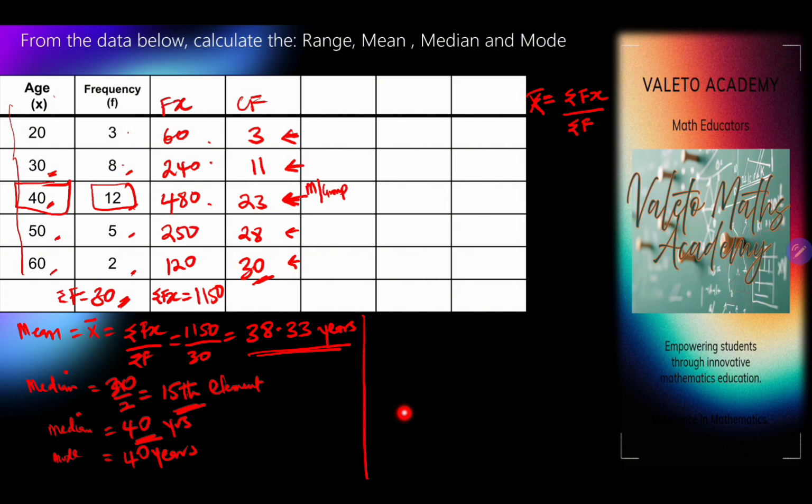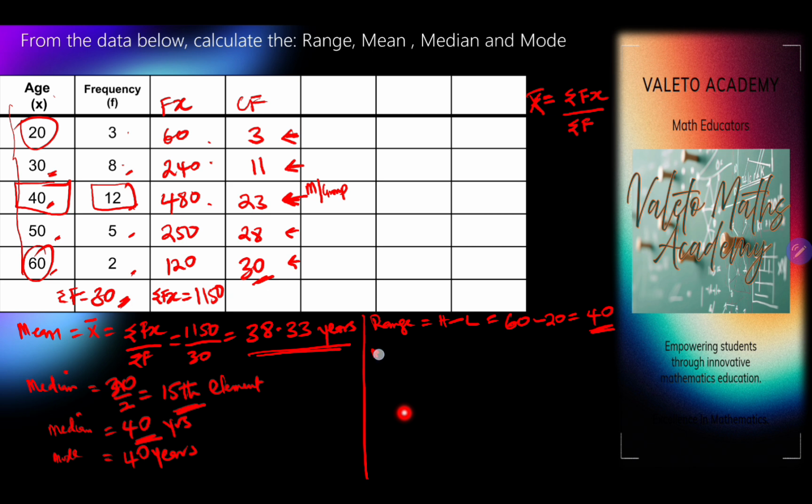We're also asked to look for the range, and we know that the range is the highest value in the data set minus the lowest value. In this data, the highest value is 60 and the lowest value is 20. 60 minus 20, and our range is 40.